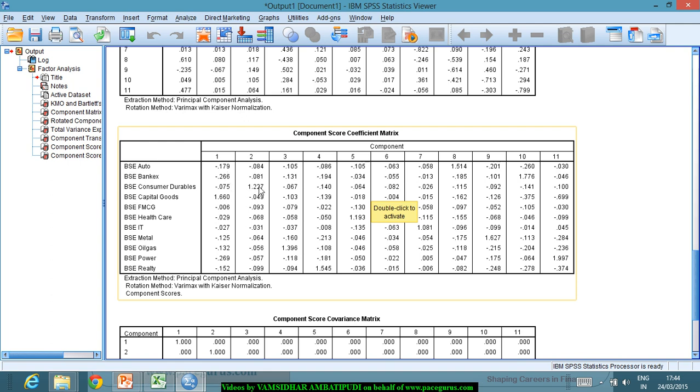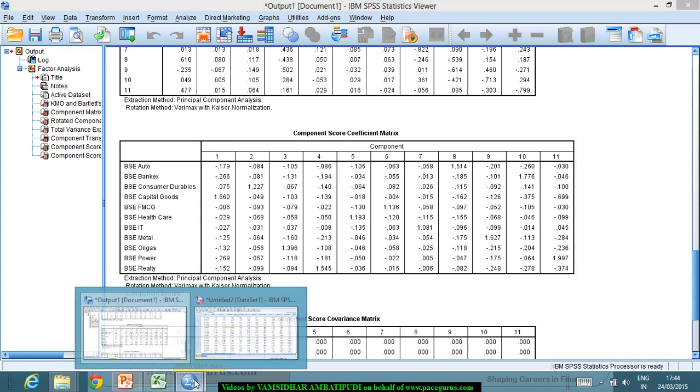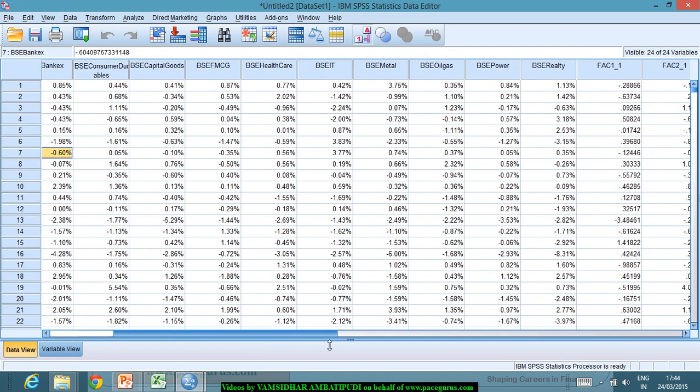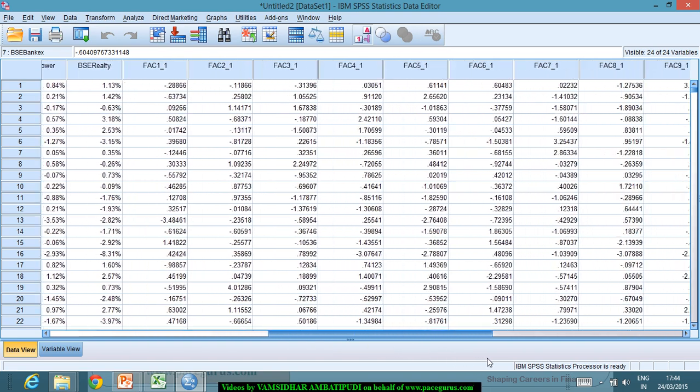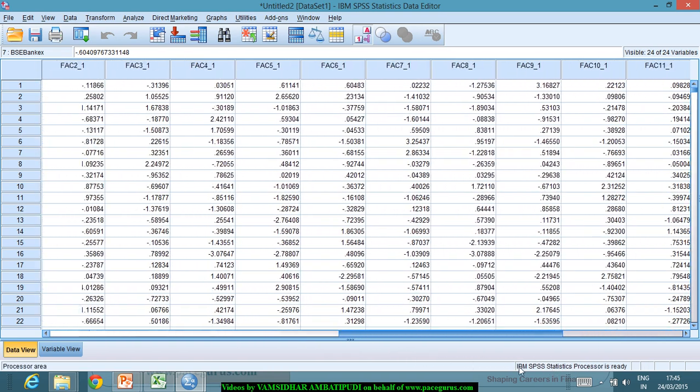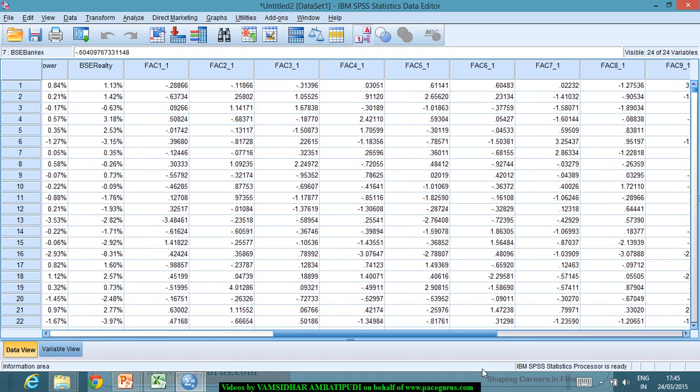Consumer durables is having a very high value in the second. Oil and gas a higher value in the third. So these are the values that are typically being used to compute the new factors. So 11 new factors got formed in this particular manner.